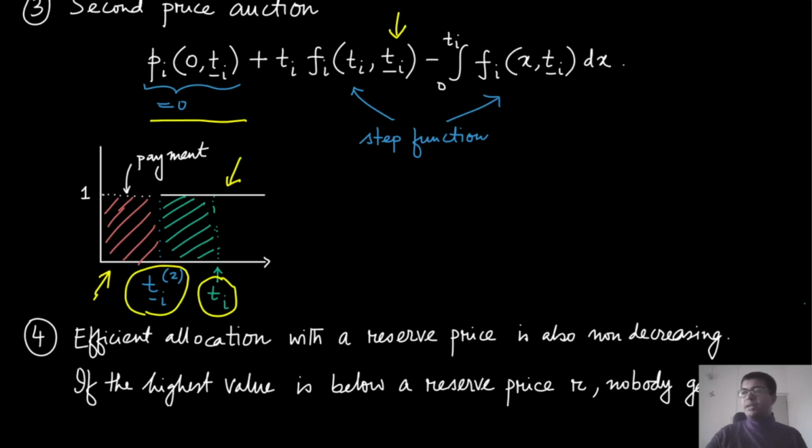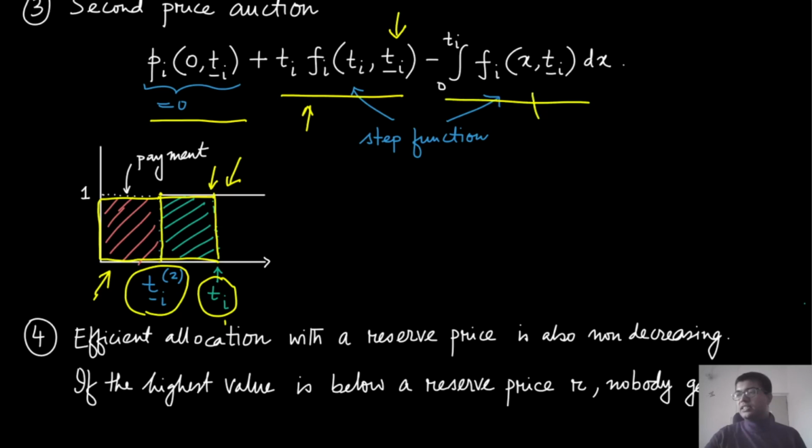Now what is going to be the payment? If you look at the first term here, this is t_i multiplied by f_i(t_i, t_{-i}). At this point it is 1, so the first term is essentially this whole rectangle here. This is the area, and the second part is just taking the integral, so the area under this curve. Because before this it was 0, it will be only this green region here.